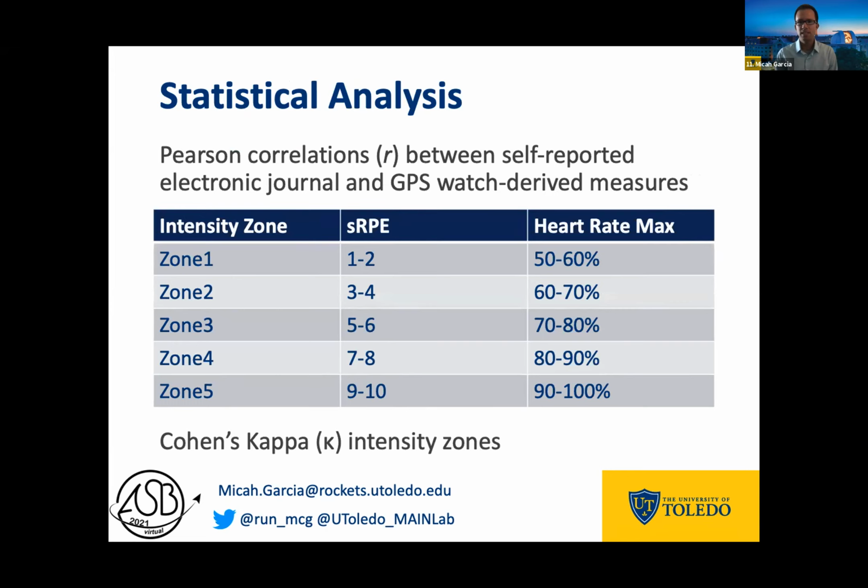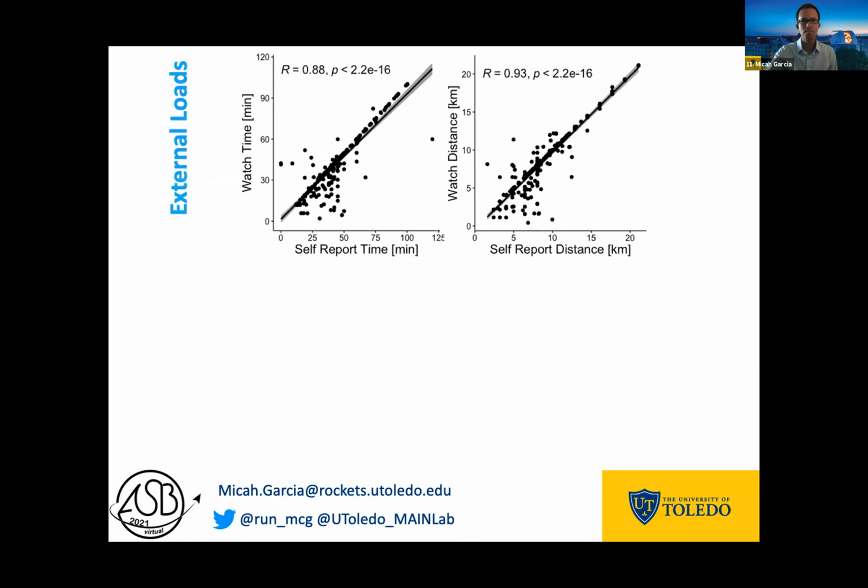And so we have 5 intensity zones here, zone 1 being the lowest intensity, zone 5 being the highest intensity. And we classified their intensity according to their reported SRPE, as well as according to what we pulled from the watch for what their average and max heart rate were. And we looked at Cohen's kappa to see if there was agreement between classification for intensity zones.